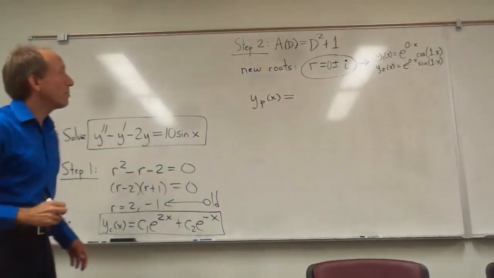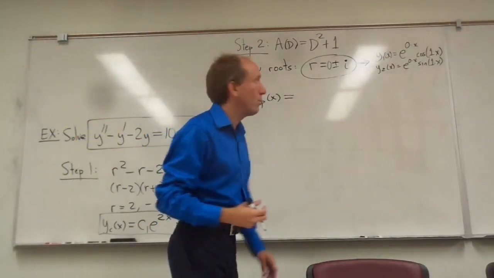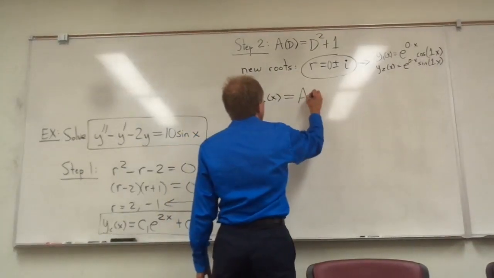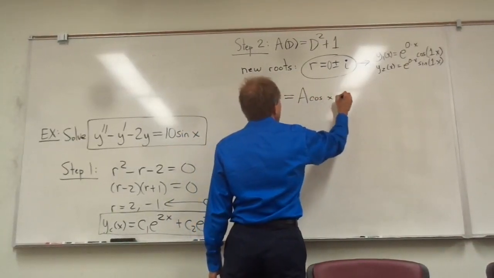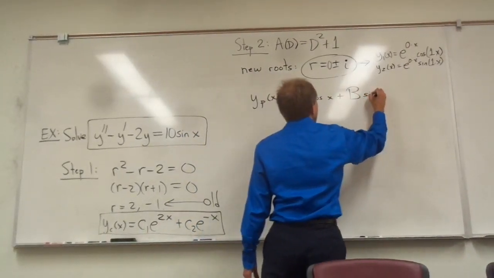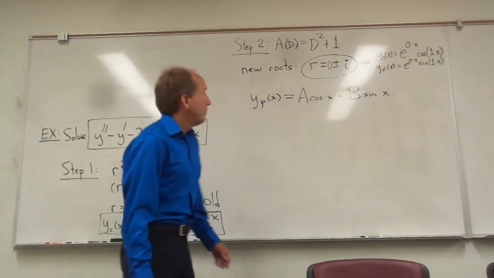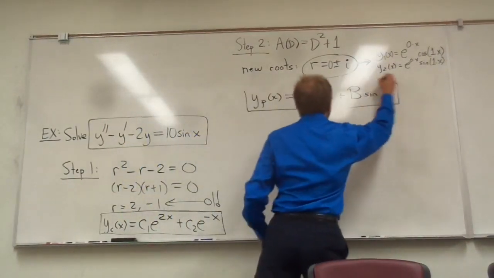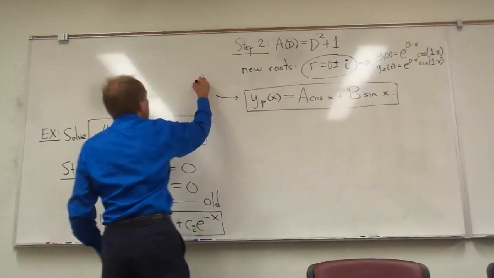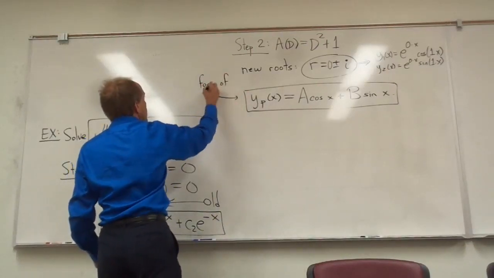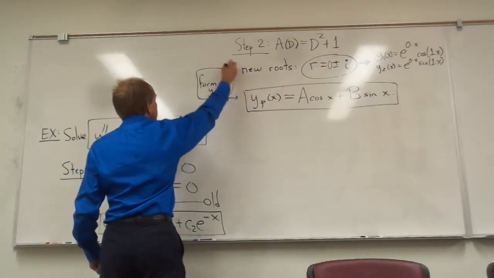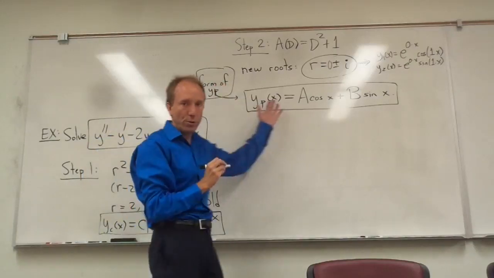We talked about that back in section 8.2. In other words, it's just a constant times the cosine of x plus another constant times the sine of x. This is what I like to call the form of the particular solution.